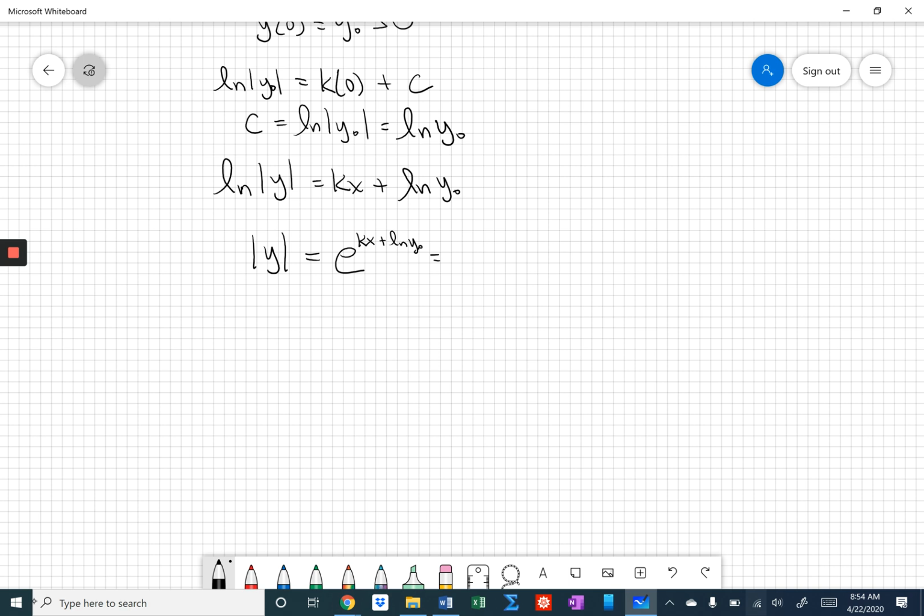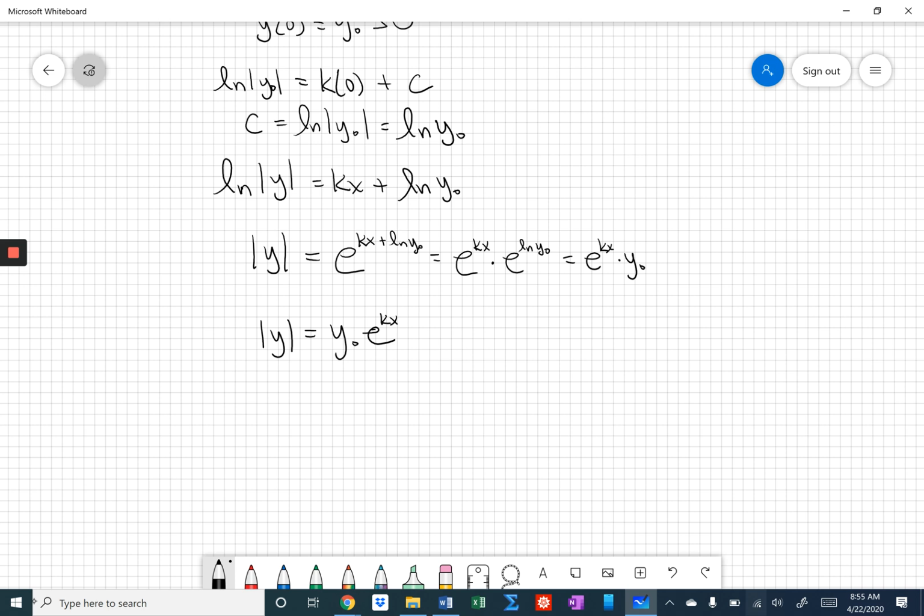Now remember, as we showed in other examples as well, we can separate the exponential with the sum in the exponent into a product that looks like this. And then the e and the natural log are going to cancel, and we're going to be left with e to the kx times y naught. So we have the absolute value of y is equal to y naught times e to the kx.